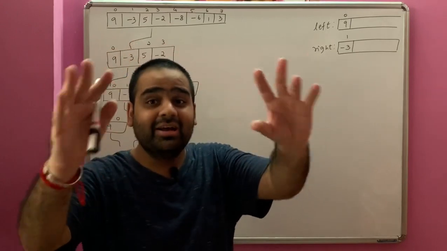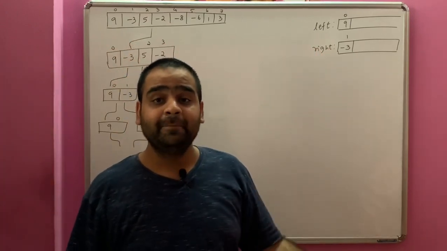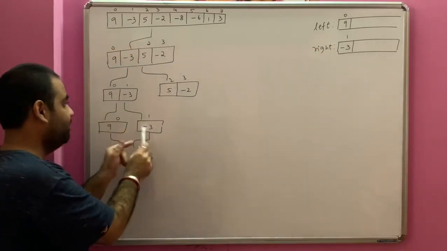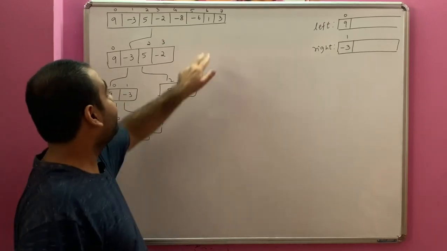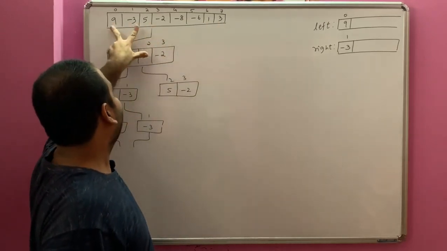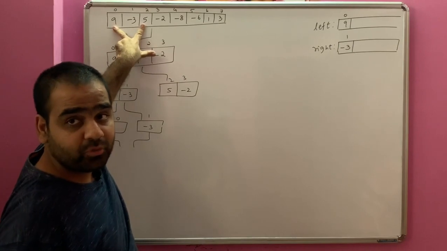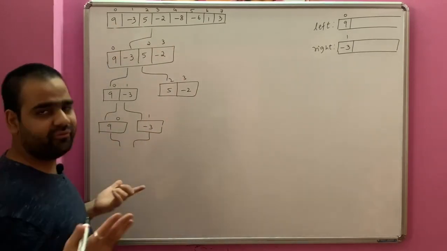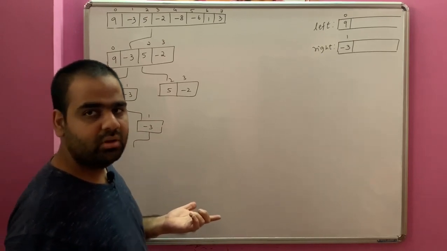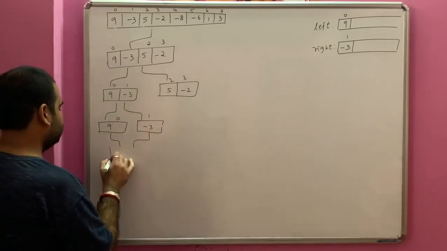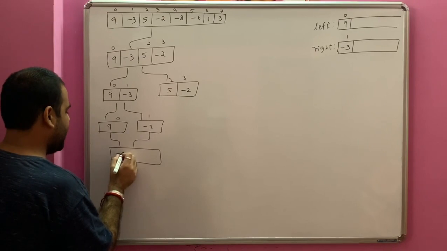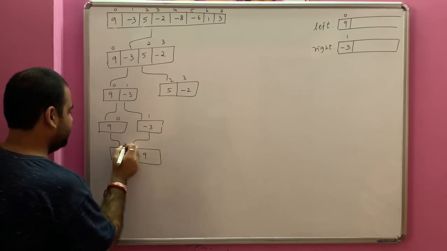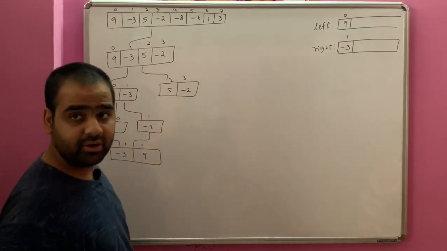The order does not become important when we have a negative and a positive number. The order becomes important when you both have positive numbers, or when you both have negative numbers. Now since the signs are different, you can merge into the sorted array as minus 3 and 9.